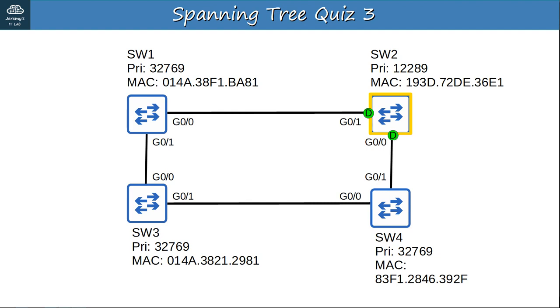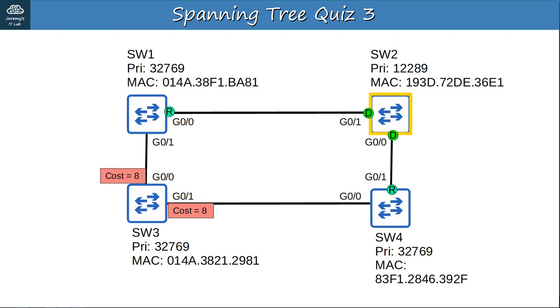Which ports will be selected as root ports? One on each switch. Okay, on switch 1 and switch 4, the answer is obvious. Switch 1's G00 and switch 4's G01 have a cost of 4, so they are selected. How about switch 3? Via G00, it has a cost of 8, 4 plus 4.